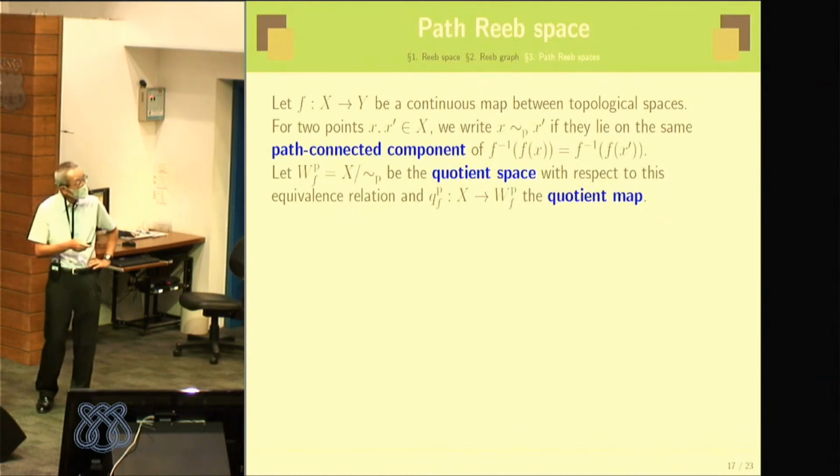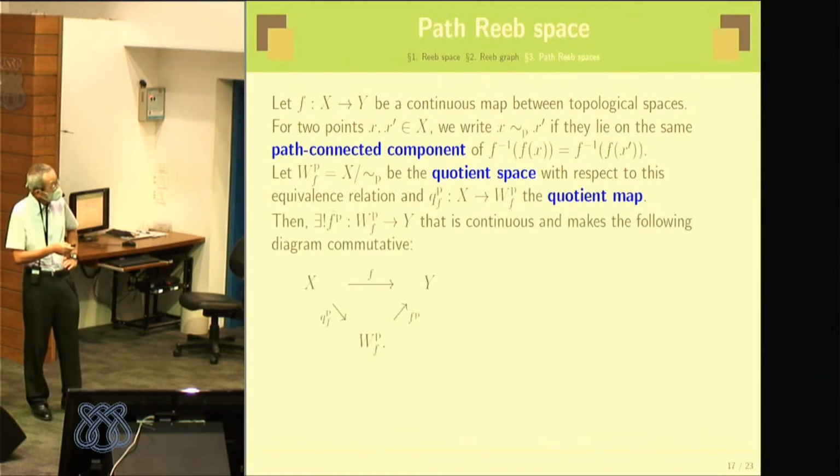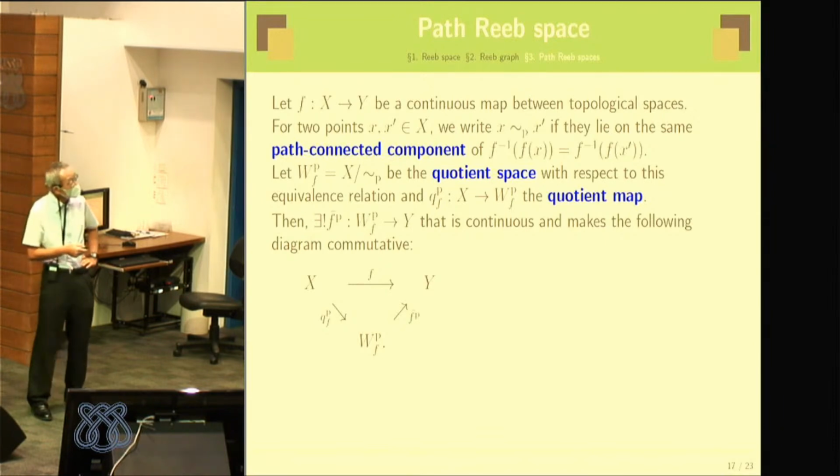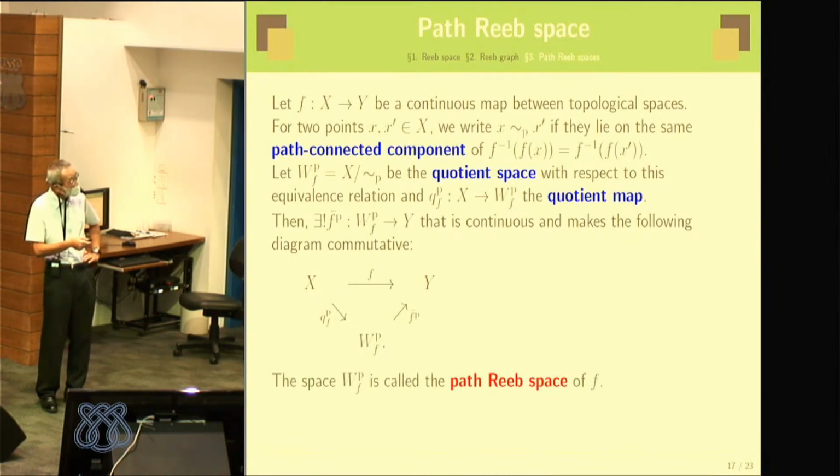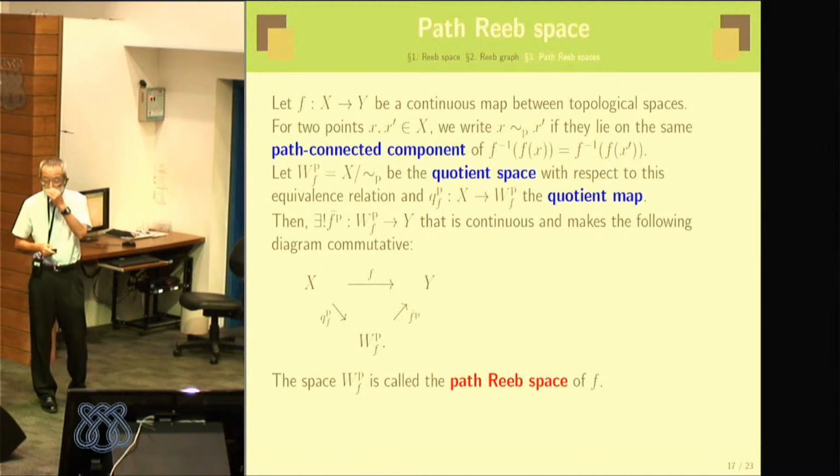Okay? And you have a similar commutative diagram. And here you have this space. In this talk, we call this space the path Reeb space of F.